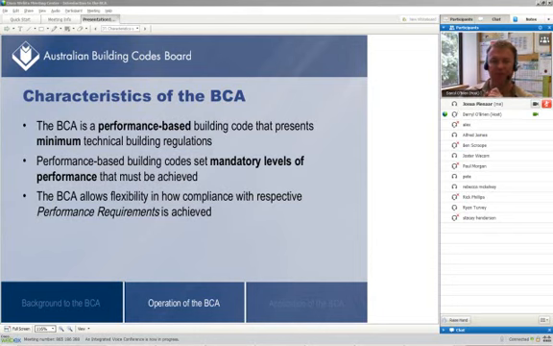However, the BCA allows flexibility in how compliance with respective performance requirements is achieved. Now, with the performance-based BCA, the only mandatory level of compliance with the BCA is the performance requirements. That is what you have to satisfy. One way of satisfying that is through deemed to satisfy that we'll look at.